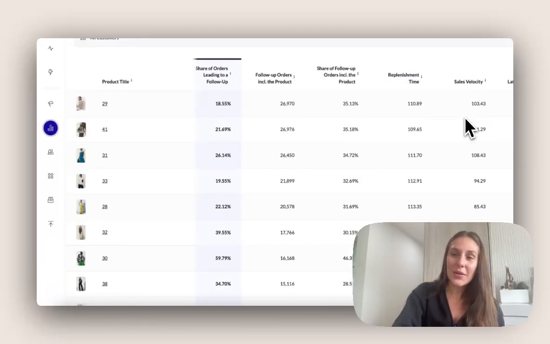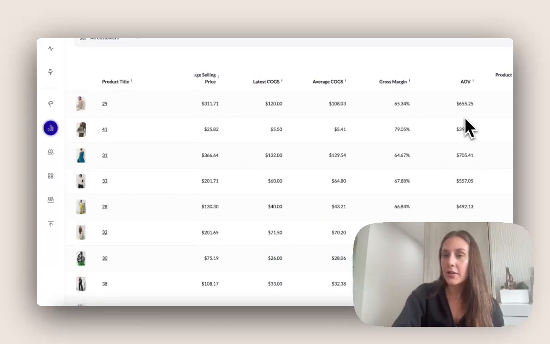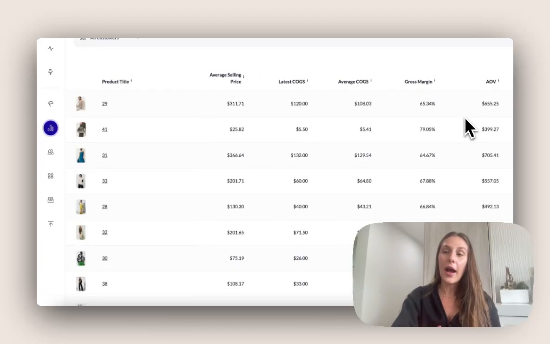Next, we can also take a look at the average order value KPI if we just keep scrolling here. Average order value is, of course, really interesting to look at as well, to be able to see which products are most often associated with orders of high value.